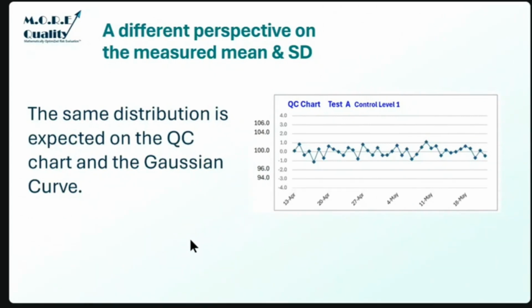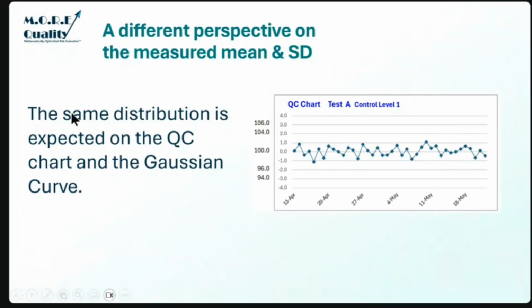What you might be missing if you're only looking at the QC chart, and I know a lot of people only verify or evaluate the quality of the analytical process by looking at their QC charts and saying if there's no QC flags, the method is okay.